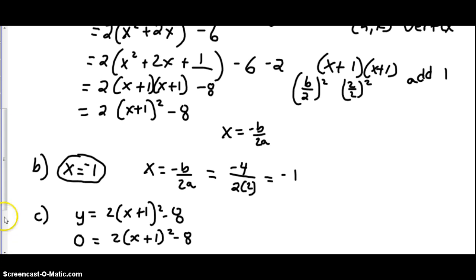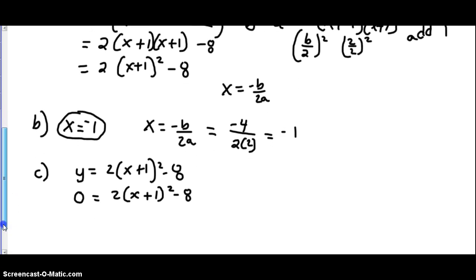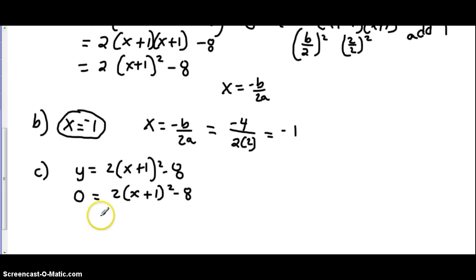So now we're solving for x, because we're solving for the roots, and when y is 0. So we solve for x, we add 8 to both sides, and we get 8 equals 2 times x plus 1 squared. And then we're going to divide by 2.